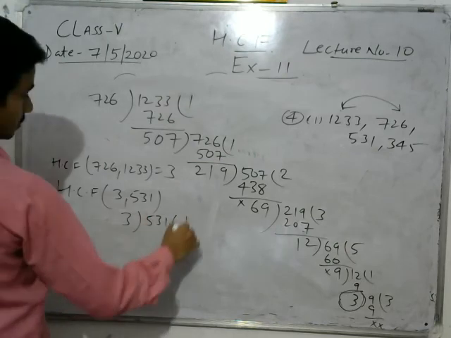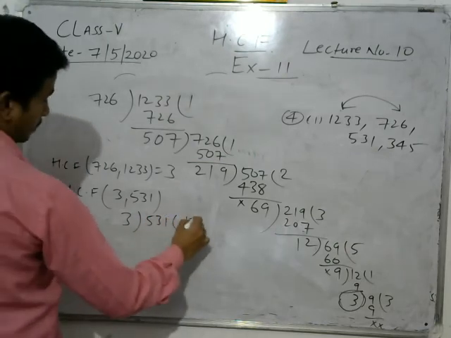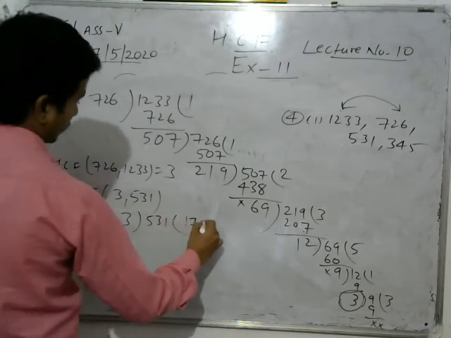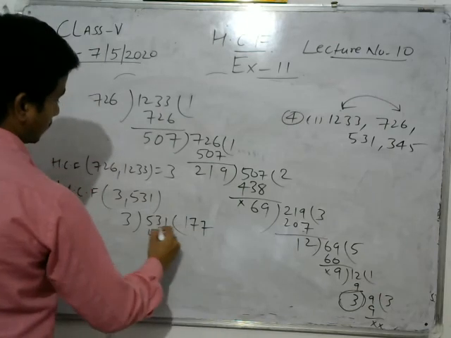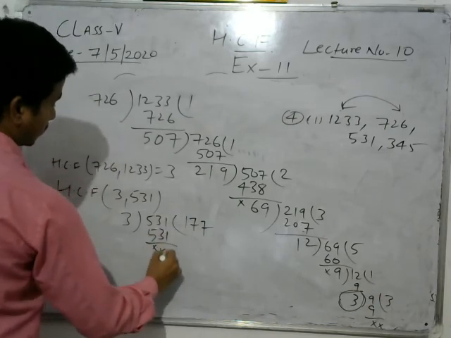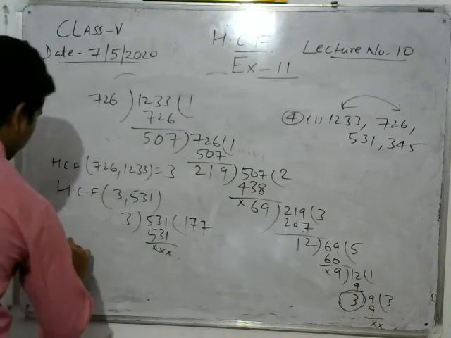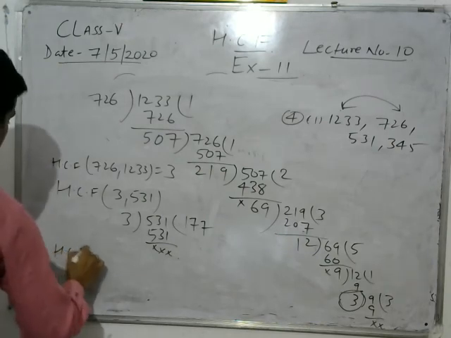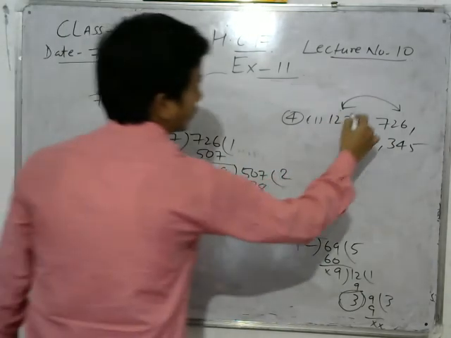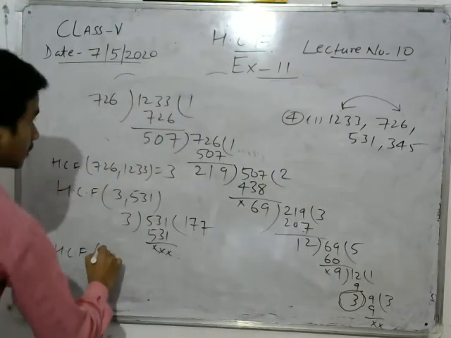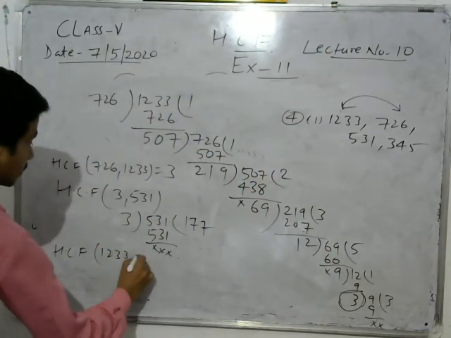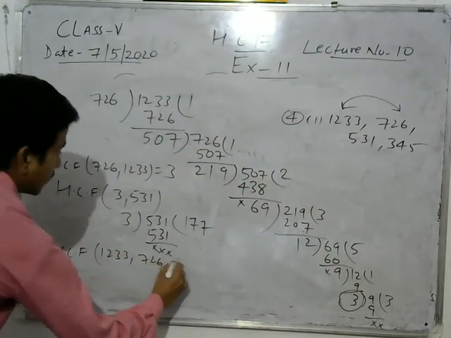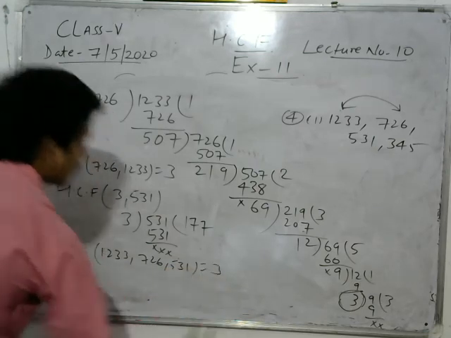How many times? 3 1s are 3, 3 7s are 21. 177 times it will cancel out. So again the HCF of these three numbers, 1233, 726, 531, is equal to 3.